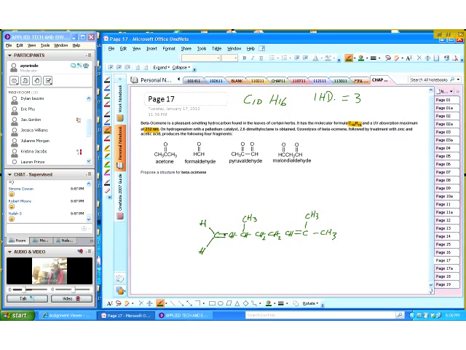If I clip this, that will give me the formaldehyde. If you see that, give me a happy face. If I clip this here, that will give me this molecule, formaldehyde. Okay, so far so good.